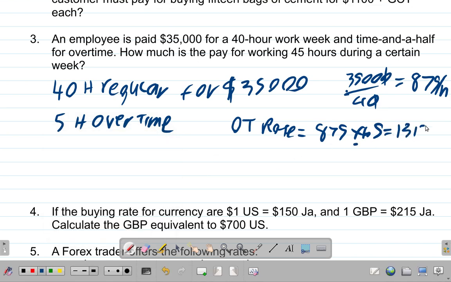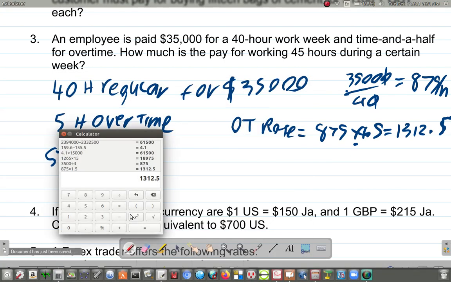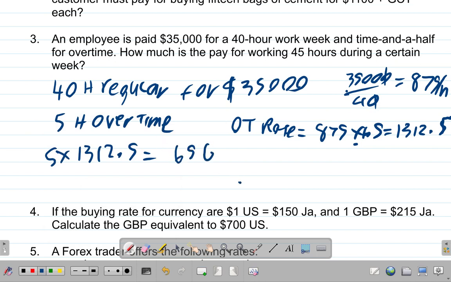So that's $1,312.50 per hour overtime. So 5 multiplied by the 1312.5 will give you how much money for the 5 hours of overtime. If you multiply that by 5, you're going to get 6562.5. That's the amount of money for overtime during that week.